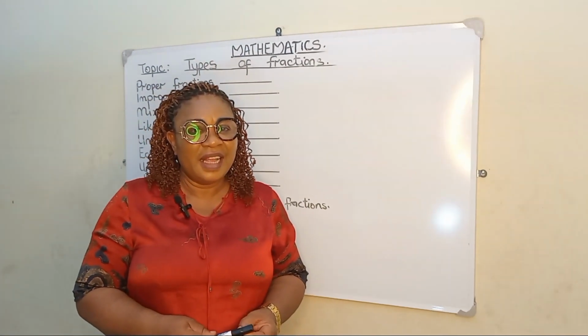Okay. The next one is improper fractions. Improper fractions are those fractions the numerator is bigger than the denominator. I say it again. Improper fractions are those fractions that the numerator is bigger than the denominator. Example like 6/4.